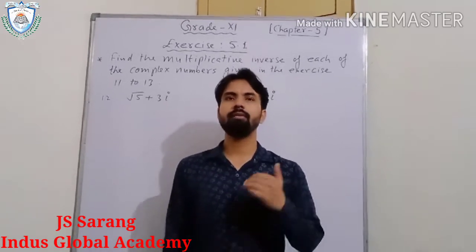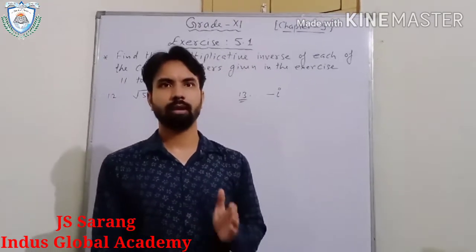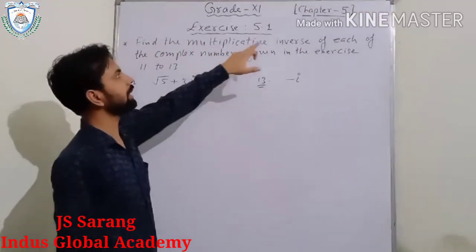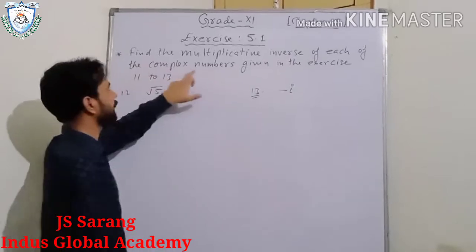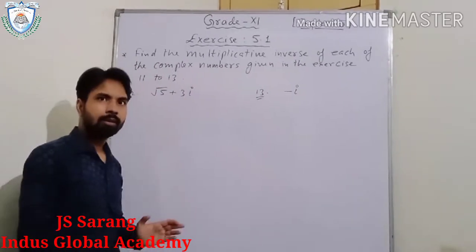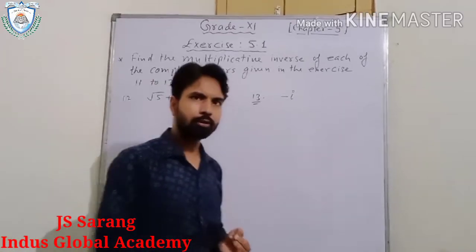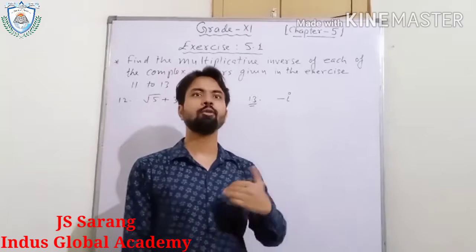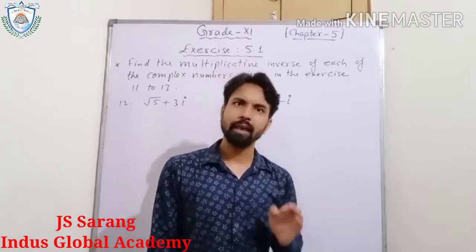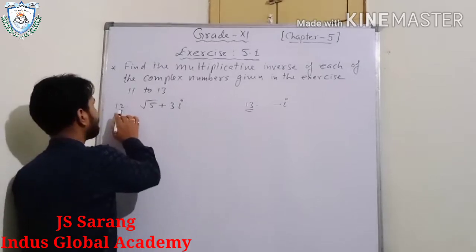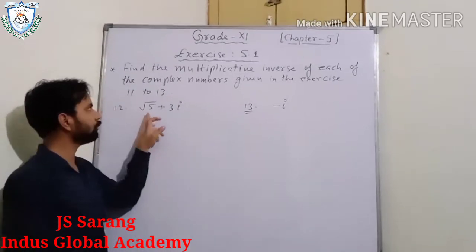Now for questions 11 to 13, find the multiplicative inverse of each of the complex numbers given in exercise 11 to 13. So in question numbers 11, 12 and 13, some complex numbers are given and we have to find their multiplicative inverse. Understood? So I am taking the example of question number 12. Under root 5 plus 3i.